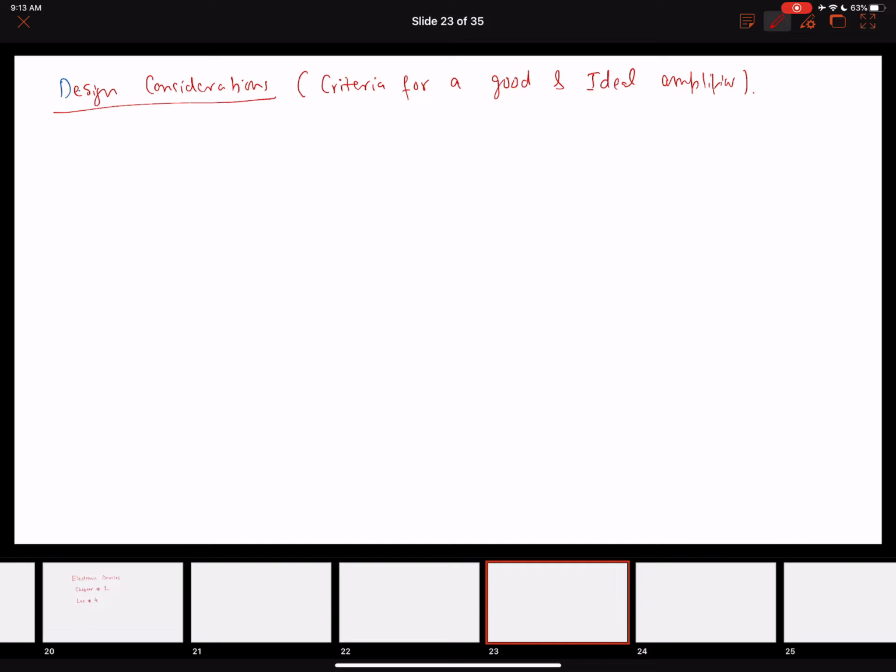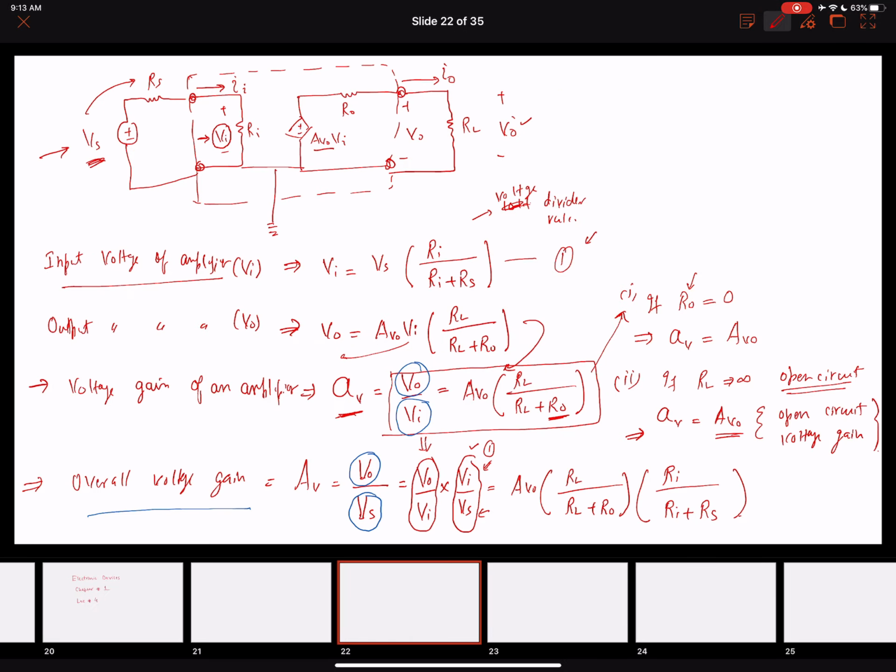Mostly whenever we are designing an electronic system, sometimes it relates to how you are selecting the different resistance values, right? We already touched upon this concept to a certain extent in this slide, when we were talking about how our output resistance should be smaller so that we don't have a loss in the gain.